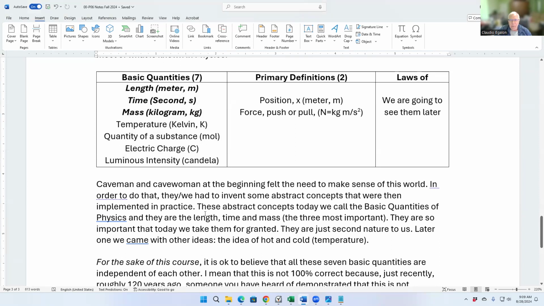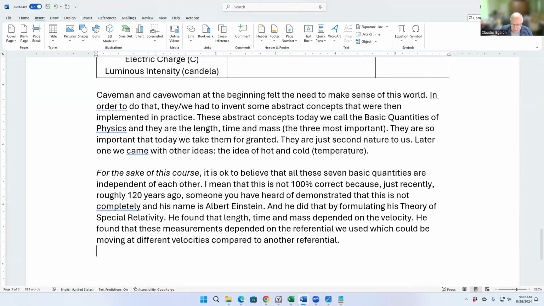Okay. And then what else you need to know? You need to know those primary definitions here. Okay, there's an important difference between the basic quantities and the primary definitions, and I'm going to talk about that. The next idea is the concept of primary definition, position and force.